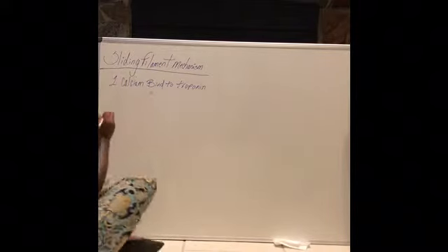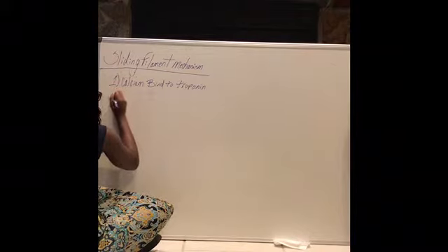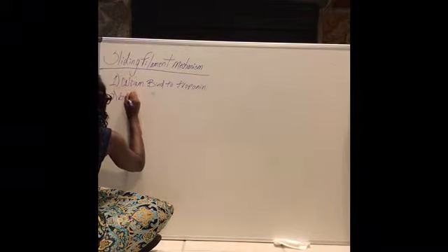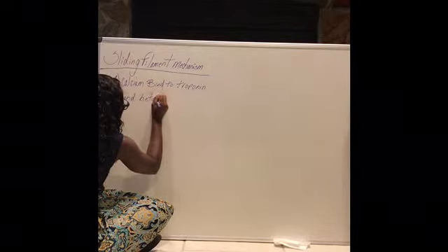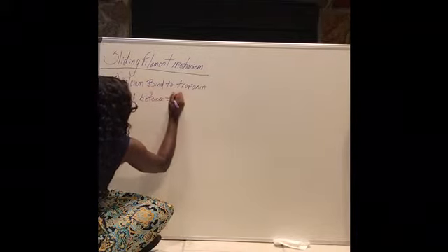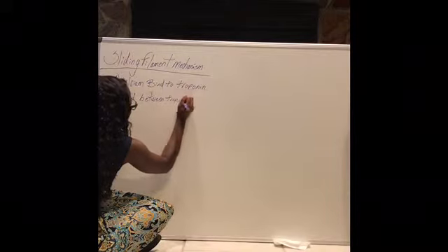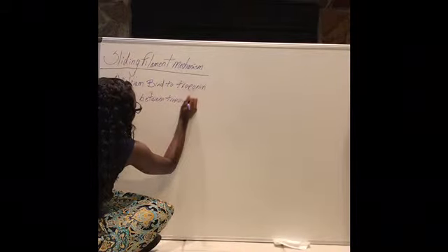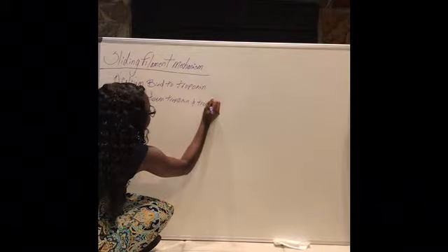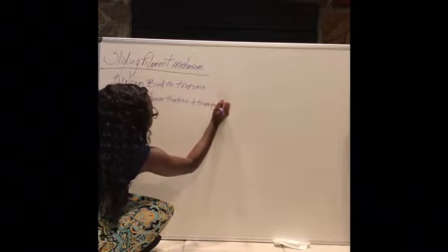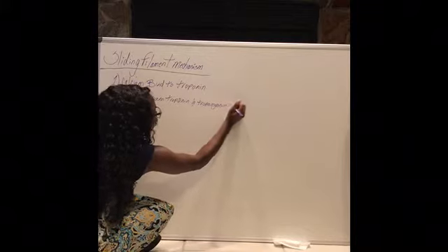Step two, the bond between troponin and tropomyosin weakens.